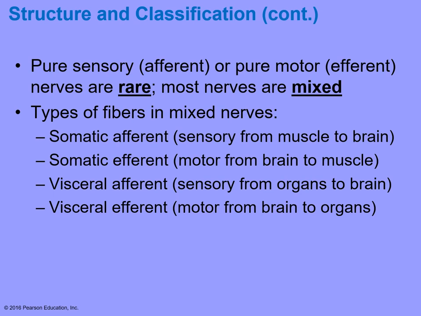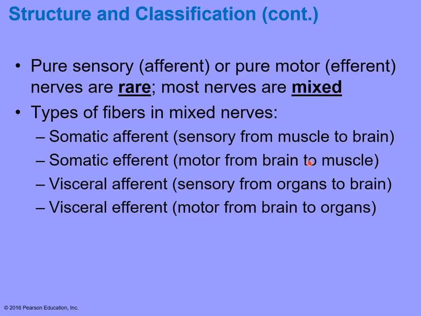So the different types of fibers, we kind of combine all this together. You've got your somatic afferent. So this is sensory information that's coming from your muscle, skeletal muscle, going to the brain. When it's muscle here, it's referring to skeletal muscle. Somatic efferent is motor information coming from the brain.